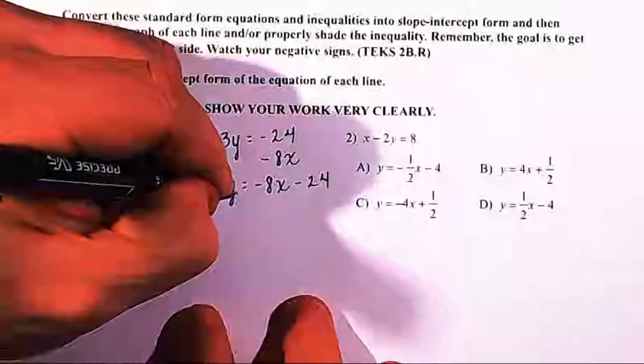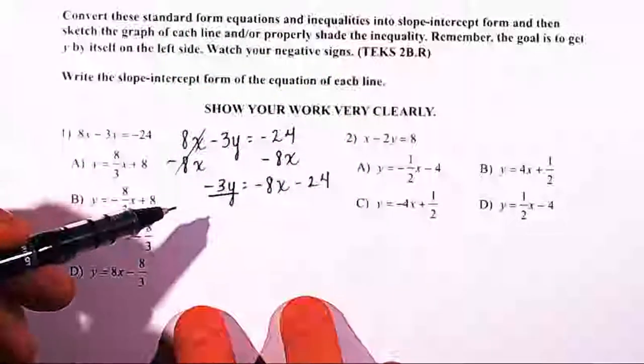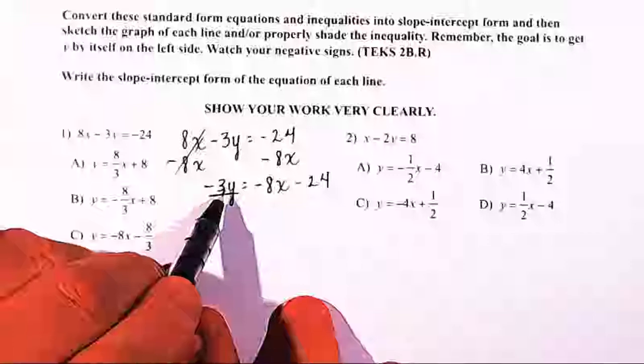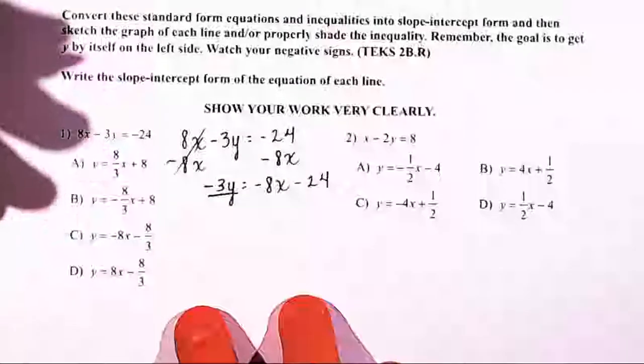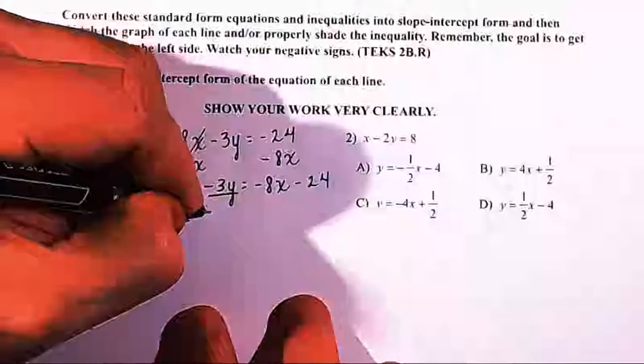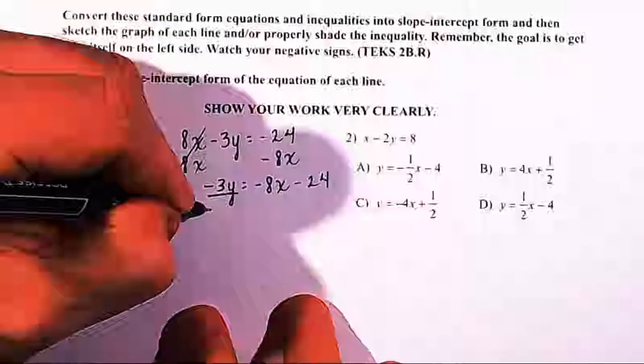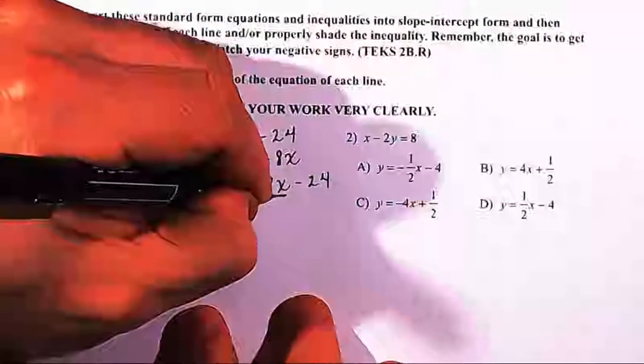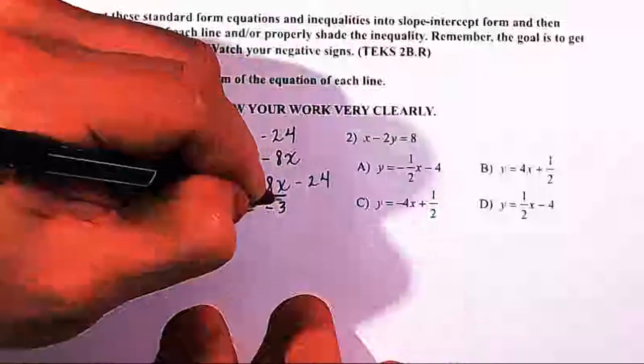So we're on our way. Now we need to get rid of that negative 3 from the left side, and right now it's multiplied by y, so we have to do the opposite of multiplication, and that's division. So we divide each term in our equation by negative 3.